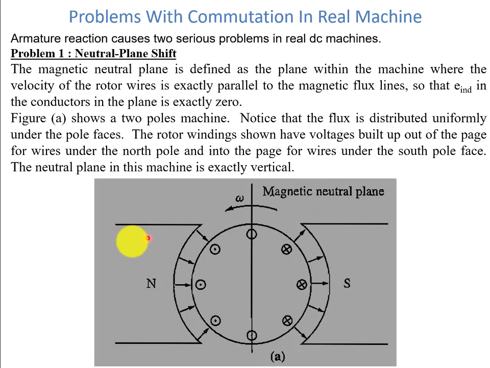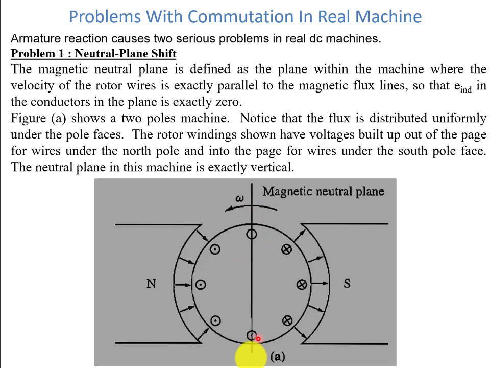Here we can see the magnetic flux lines going straight from here. At this point, the voltage induced in the conductors in the plane is exactly zero. So at this point there will be no induced voltage.